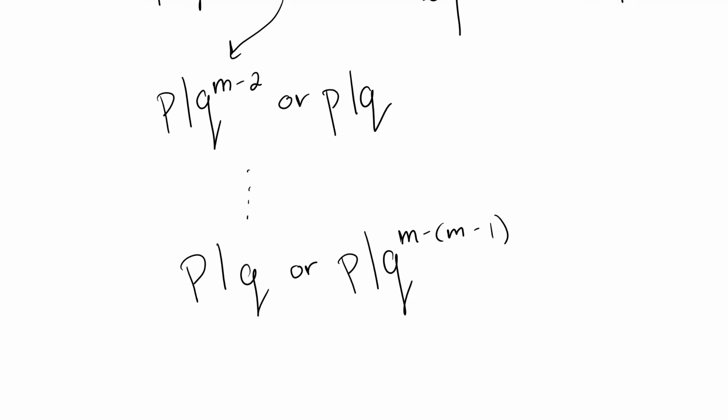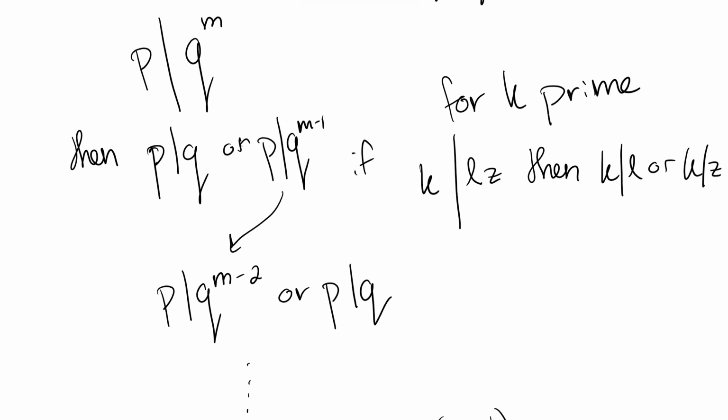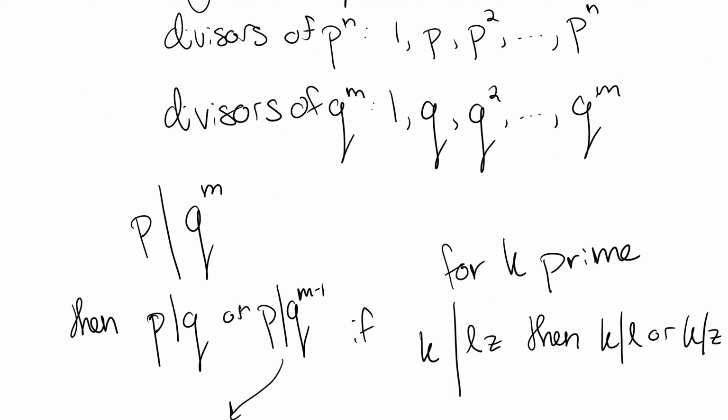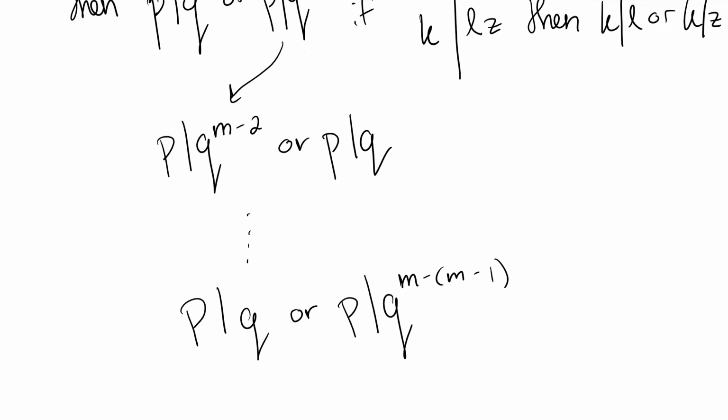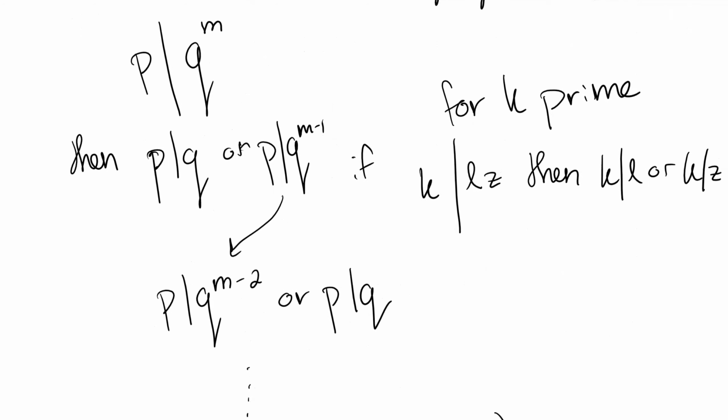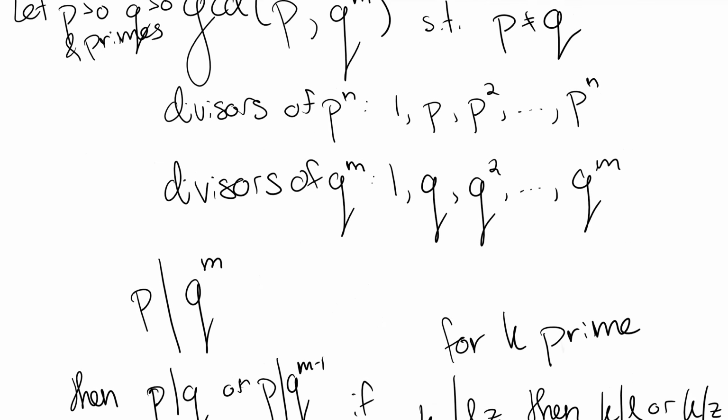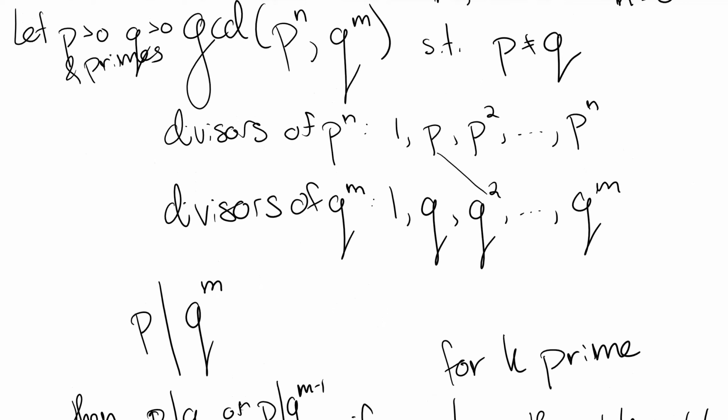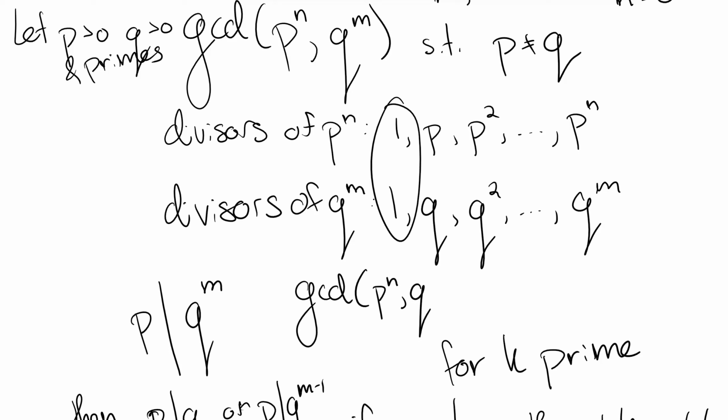Now, what does that say? That means P divides Q or P divides Q. So one of those things has to be true. Okay? All right. So that's an induction argument, which says that none of these are going to end up being equal to each other because of this primeness that we have. So what do we get? Our GCD of P to the N comma Q to the M equals 1.